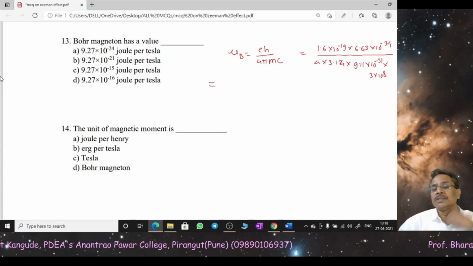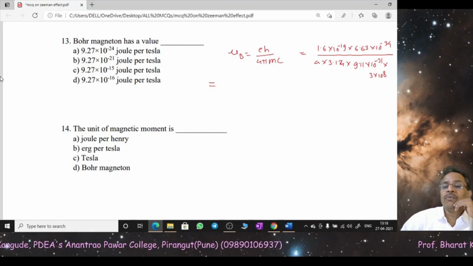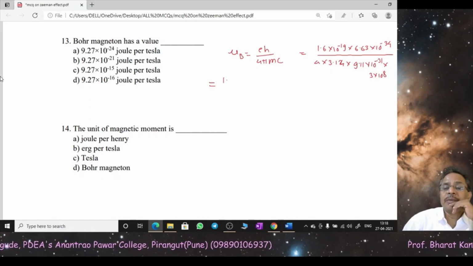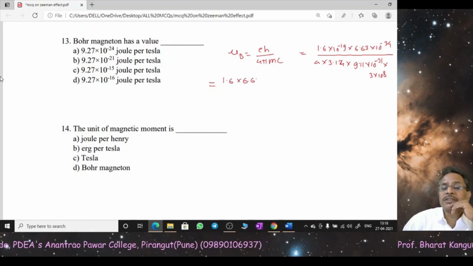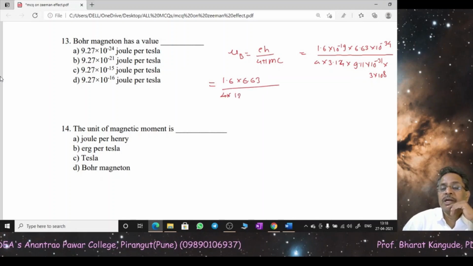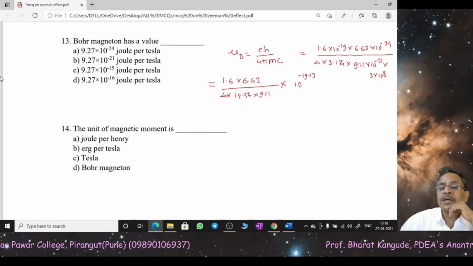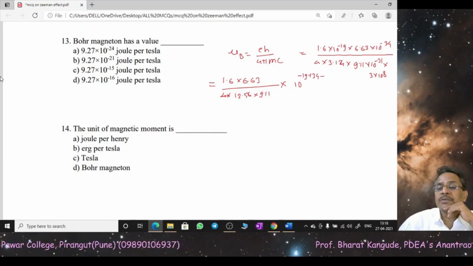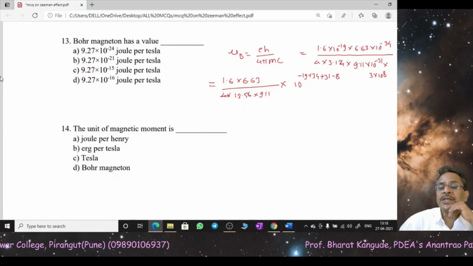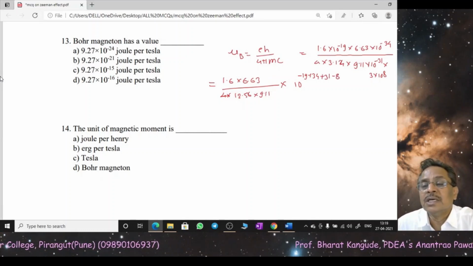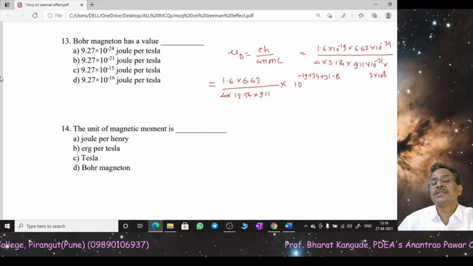So I'll write separately 1.6 into 6.63 divided by 4 into 3.14, that comes to be 12.56, into 9.11, and into 10 raised to minus 19 plus 34. Taking this here, it becomes plus 31, and this is minus 8. So let's calculate this. Minus 19 plus 34, so plus 15 and plus 31 is plus 3 remaining there.